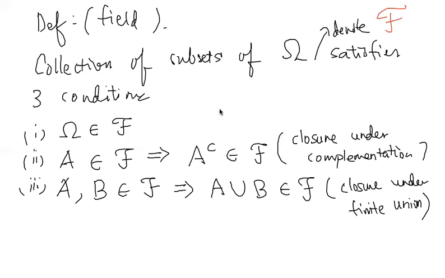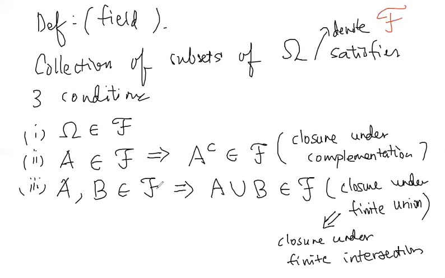Property 3 of 4.0.1 implies closure under finite intersection. You don't have to check the other, so you only need to check these three conditions, 1, 2, 3, to show that a particular collection of subsets of omega is a field.